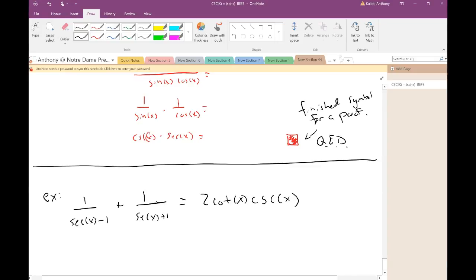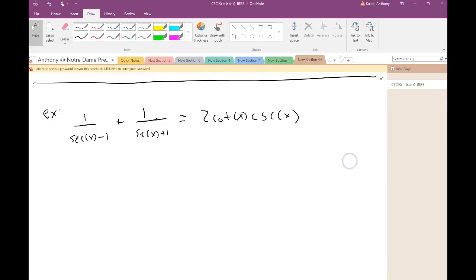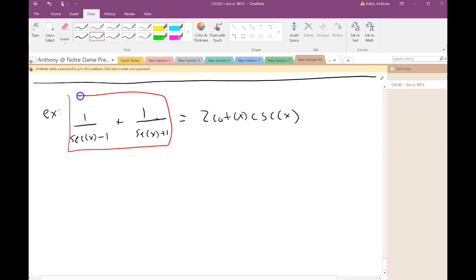So let's say we want to prove this one. Which side looks more complicated? I would agree with the left side. You have 2 terms instead of 1 term. So what would you like to do first?